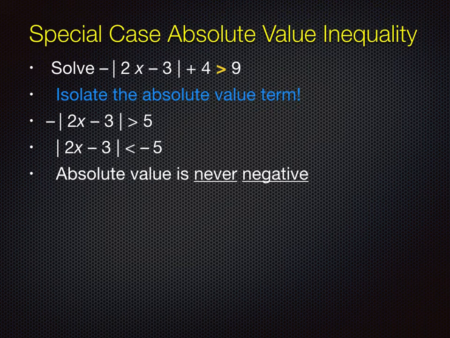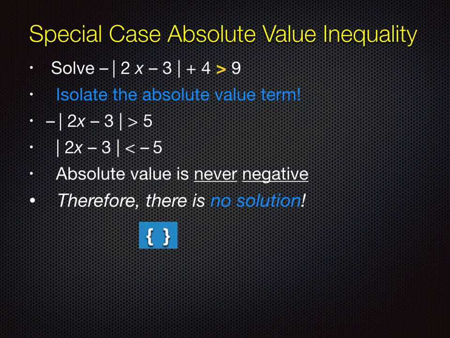Therefore, there is no value of x which, when I substitute into the most recent expression, that is, I multiply it by 2 and subtract 3, then take the absolute value, no solution will make that true. And we denote this with empty braces, or we do the null set like that. So those were the absolute value inequalities we were considering today.